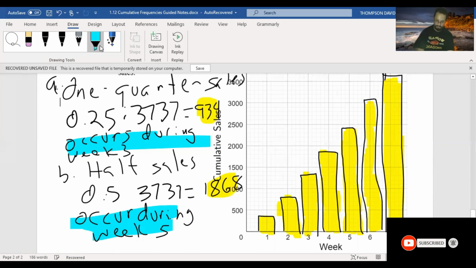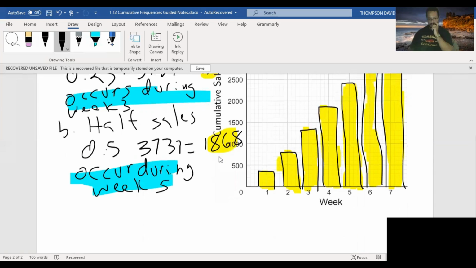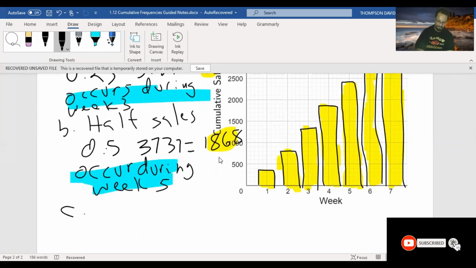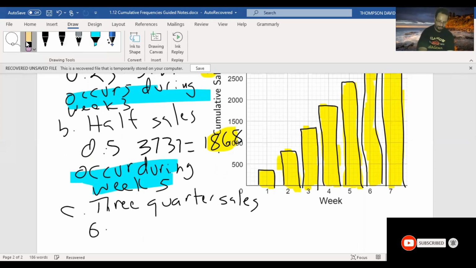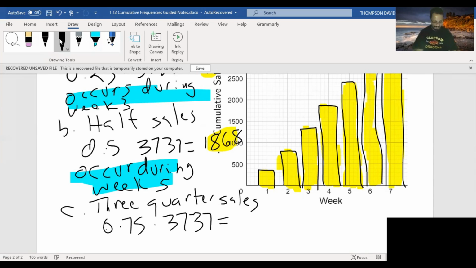And then last, we want to find out when 3/4 of the sales occur during the first 7 weeks. So 3/4 of sales will be 0.75 times 3,737 million, which gives me 2,802 million.